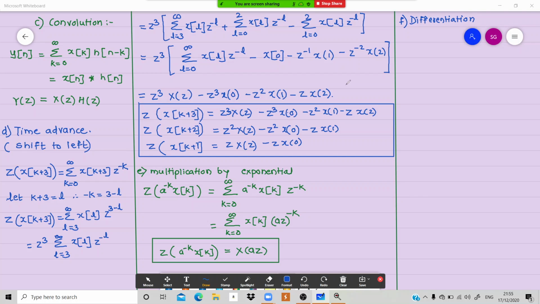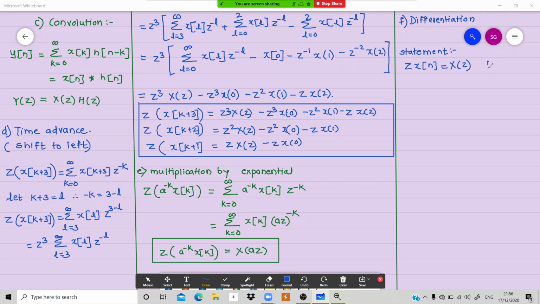Okay, now in differentiation, I'll write the statement first because that is very important, and then we'll see what the proof is for that. The statement says the Z transform of any series or signal x(n), right, is equal to, we said, X(z), correct.